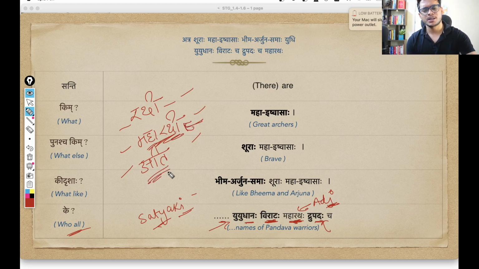I'm not very sure, but I think only Arjuna was given the rank Ati Maharathi, as far as I can remember. But again, all these adjectives are different ranks for the warriors, right? So you have Yuyudhan, you have Virat, and then you have Maharath Drupad. And Cha again simply means and.